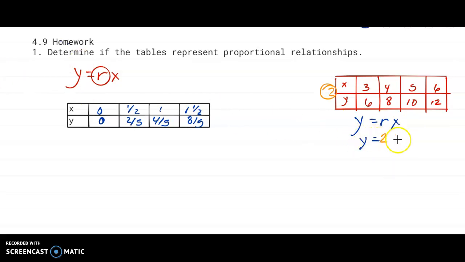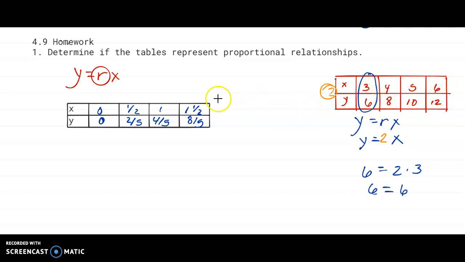So y equals 2x. And this formula should work for each set. So then we would go, well, if y equals 2x, I'll take that first set right here. Y is 6 equals 2 times 3. 6 equals 6. And I would do that for each of these. And that's how we know this is proportional.